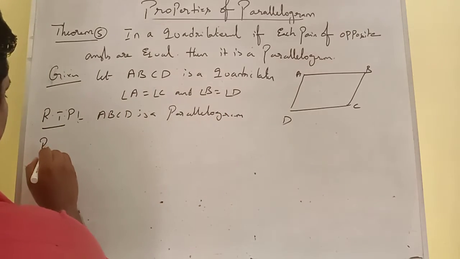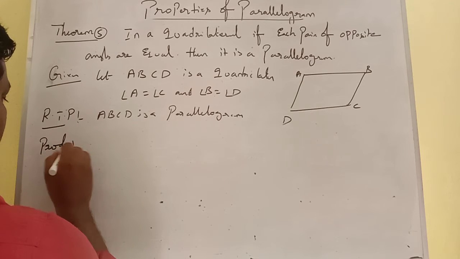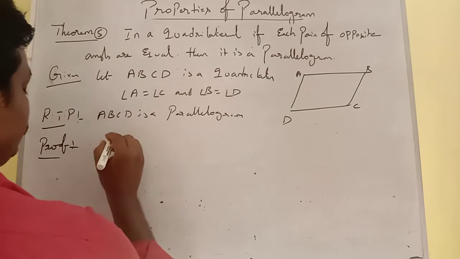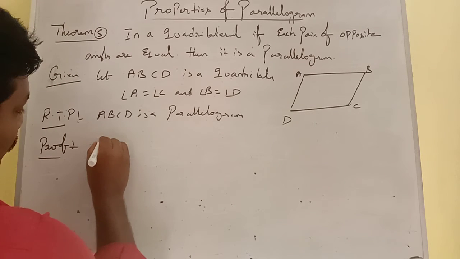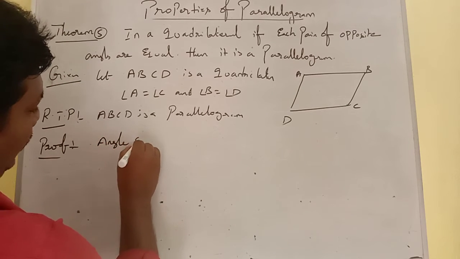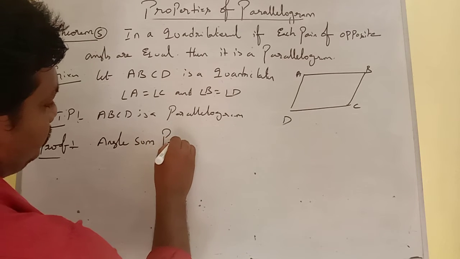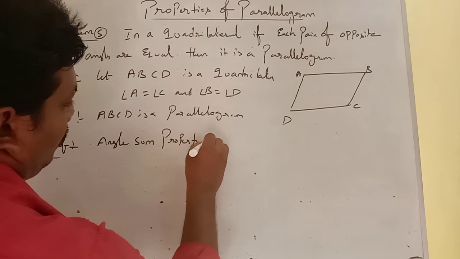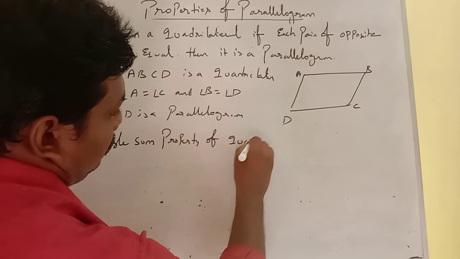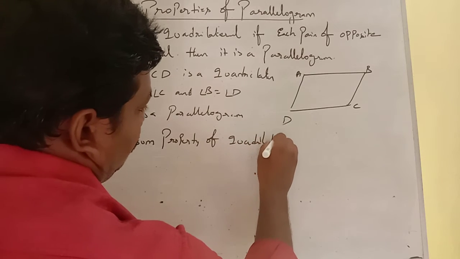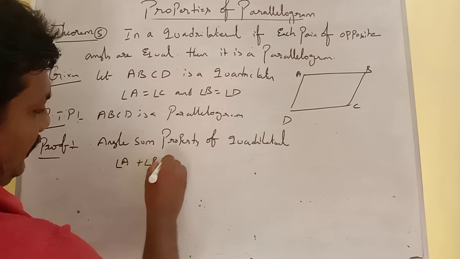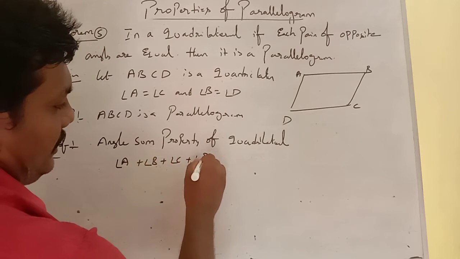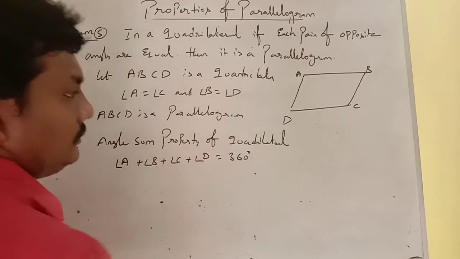Now the proof. From the angle sum property of a quadrilateral, angle A plus angle B plus angle C plus angle D is equal to 360 degrees.